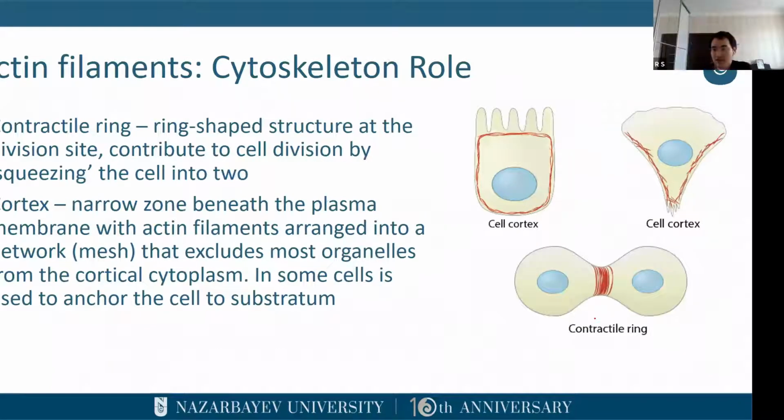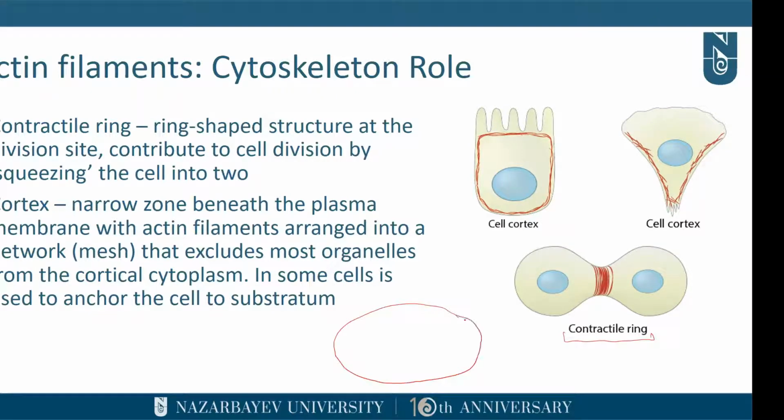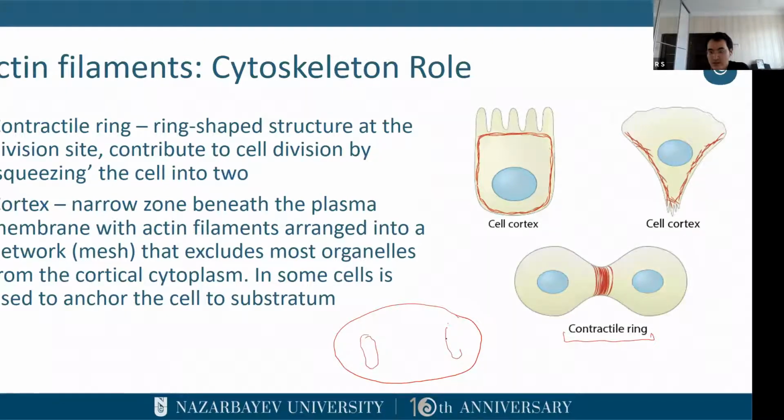And finally here, for example, in the contractile ring, you have a cell and you successfully segregated chromosomes, so they are on different sides of the cell. But now you need to really divide this cell. And it starts growing these actin filaments that will build the ring.